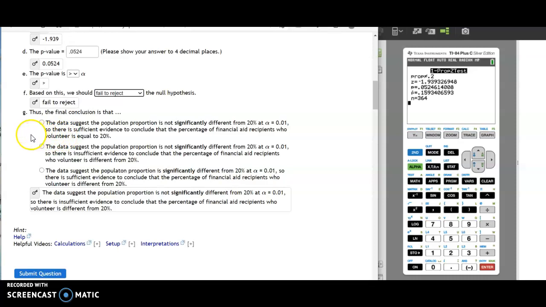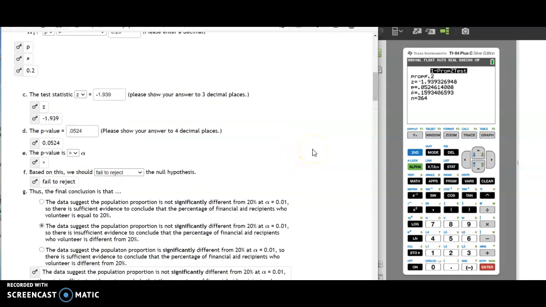Okay, so looking at these three options, the data suggests that the population proportion is not different than 20%. So it's one of these options up here at a 1% level of significance. So there is insufficient evidence to conclude that the percentage of financial aid recipients is different than 20%. Okay, so we're looking at this one here. If you were writing this on the worksheet, there are different wordings that you could use, but that's what we got to use for this one.